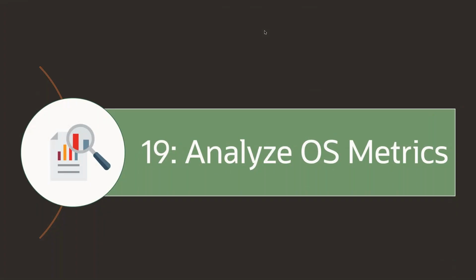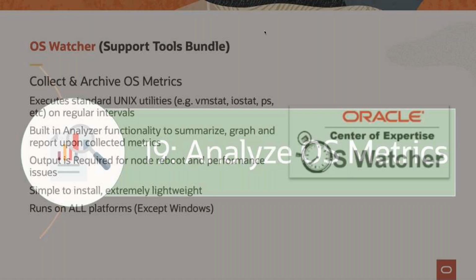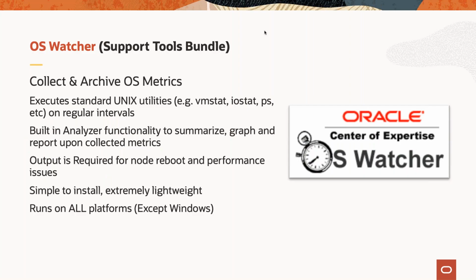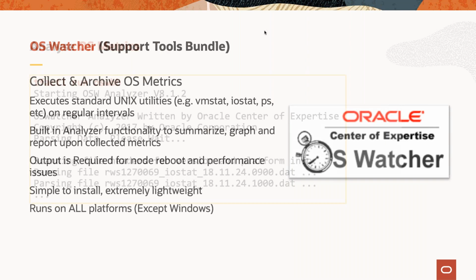Number 19, analyze OS metrics. OS Watcher is installed by default on your system. It runs standard Unix utilities and it basically summarizes graphs and reports collected metrics and is required for troubleshooting most issues. But there's a command here.